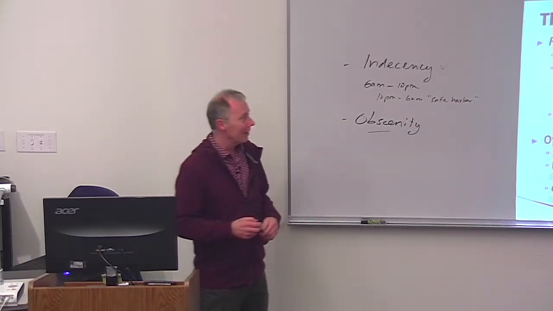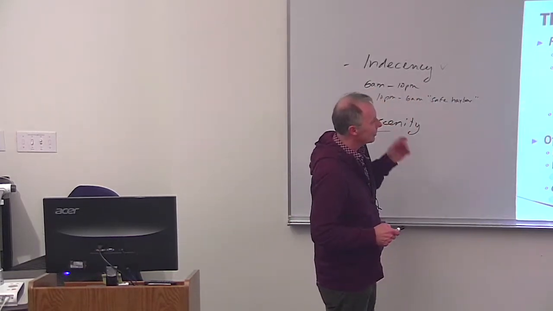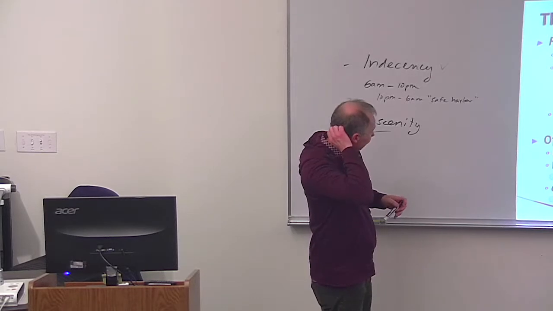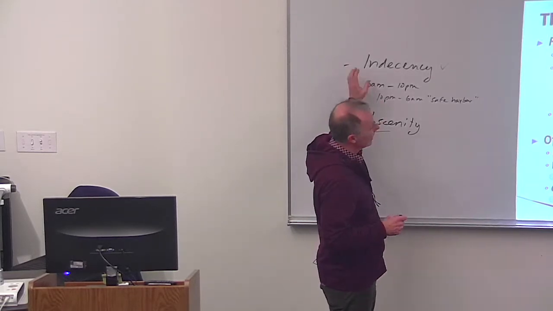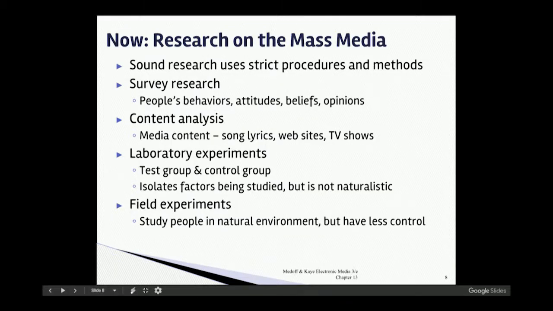But guaranteed, whenever the FCC does fine a broadcaster for indecency, the broadcaster will come back and challenge that and say, hey, you're infringing on our right to free speech. The world has changed. We can show stuff that everyone tolerates now a lot more than they did in 1970 when Carlin was around. So this stuff is still going on.